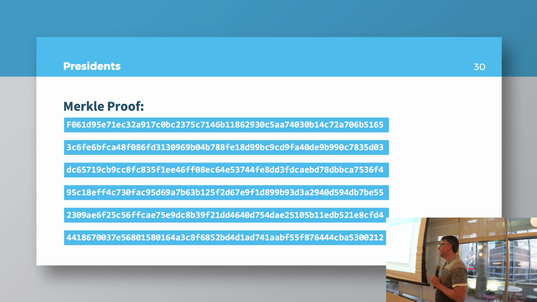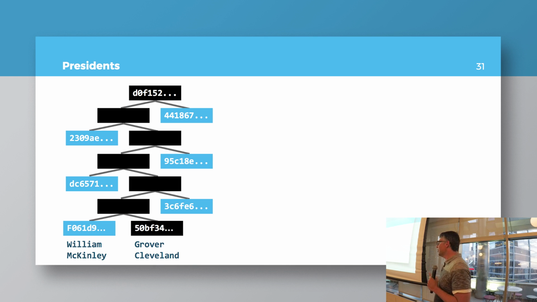And what's cool about this is that if I have this Merkle root, somebody can come to me and say, hey, did you know Grover Cleveland was once a president? And I'm like, oh no, I don't believe that. And then they can say, no, I can prove it to you. You know what the Merkle root is. And here are these 6 boxes with the Merkle proof that have all the other presidents in them. And using that, you can fill in these empty boxes that I have there by just hashing together those numbers.